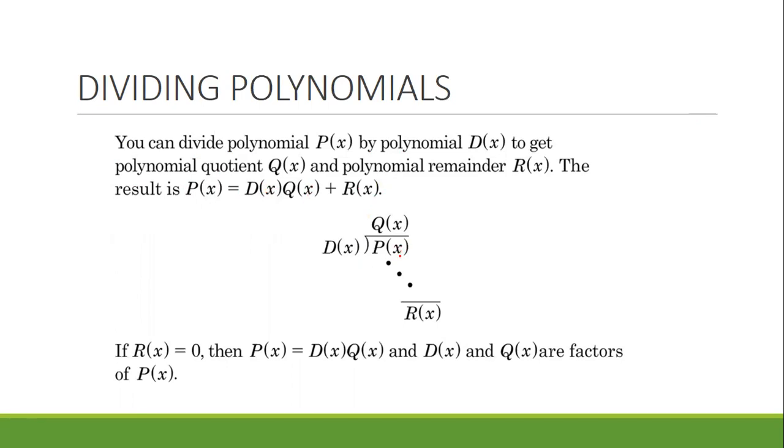That's how you come up with the polynomial. If your remainder equals 0, then that lets us know that our divisor and our quotient are factors of p of x.